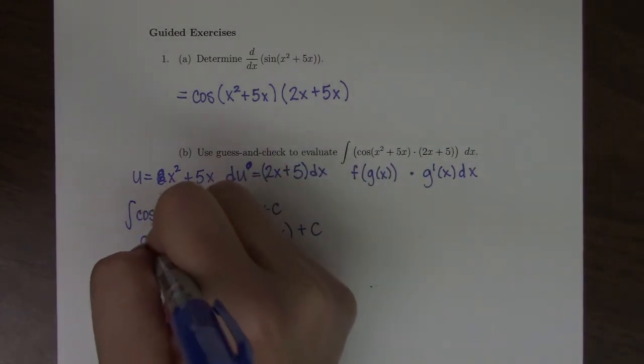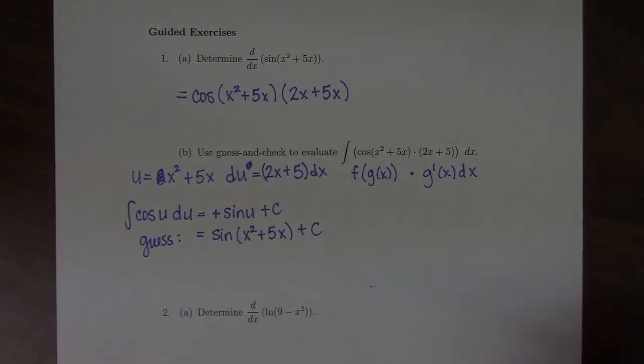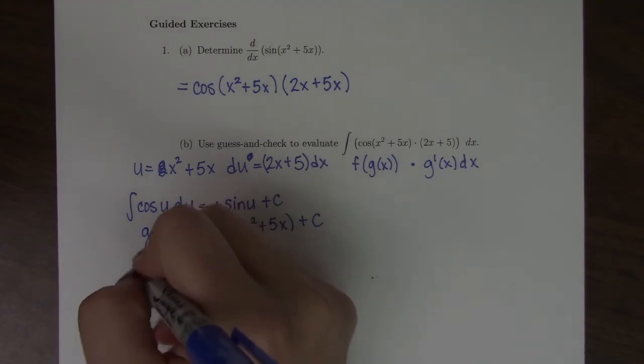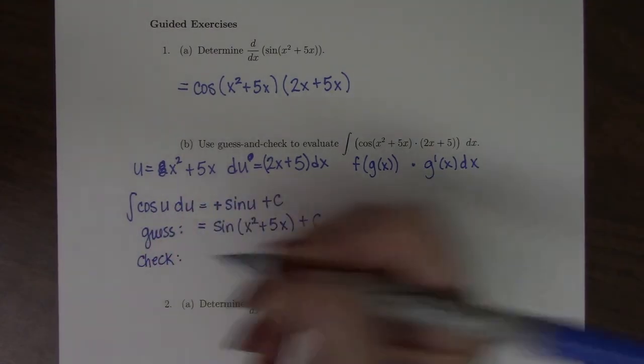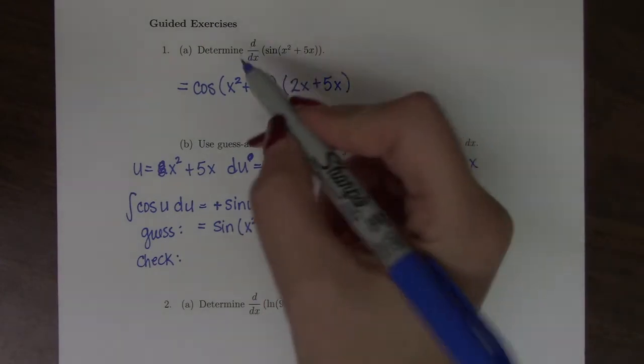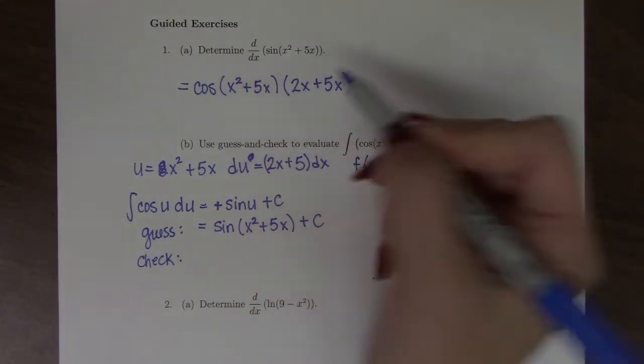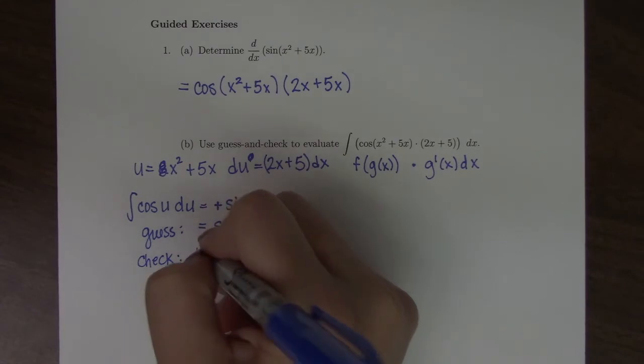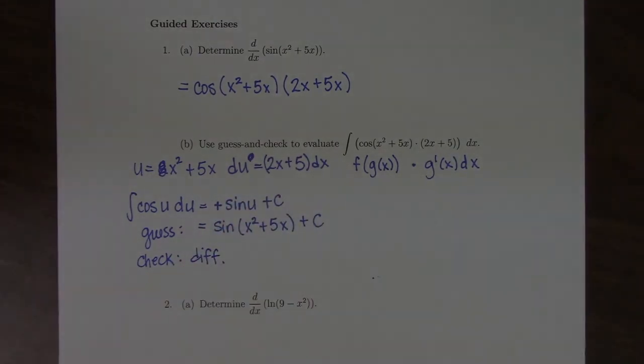So this is what we would consider sort of guessing, right? And then we can check it by taking the derivative. I can actually see that this matches what I started with here, and I've already taken the derivative, so I already know that if I take the derivative, this works out.